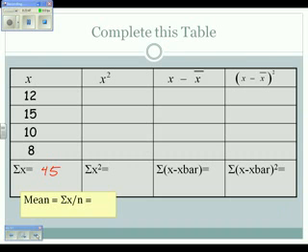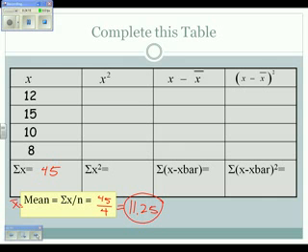And then the mean is the sum of the data values, which we already know is 45, divided by n. And n in this case is 4. 11.25, right. So that is our sample mean, 11.25, and we use x bar to denote the sample mean.